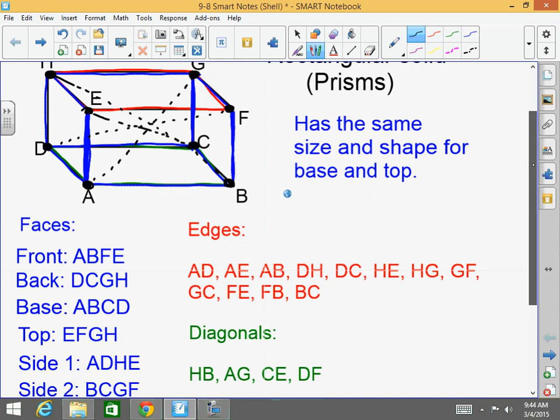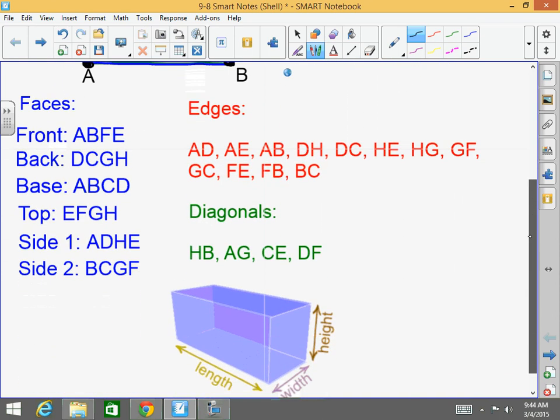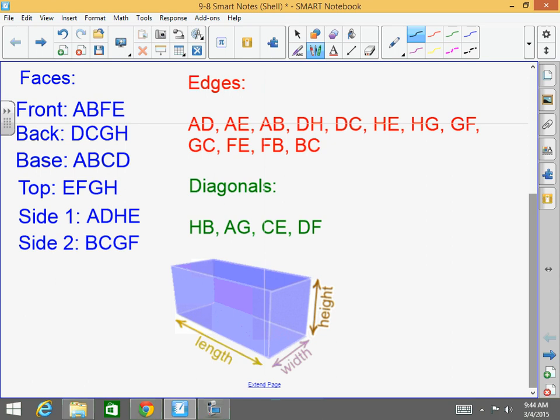So, being that this is a box, prisms have a length, which you have highlighted here, a width, and a height. So again, when you're thinking about prisms, think of a box. And the type of prism that you have is determined by the faces that are equal, by the top and the bottom that are both equal.